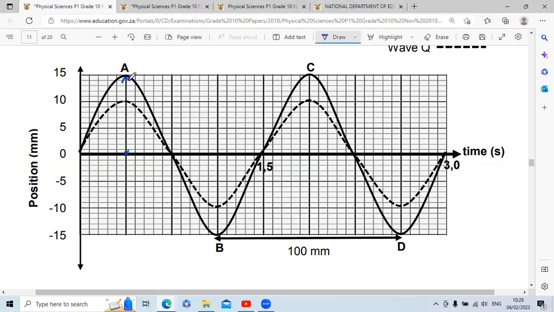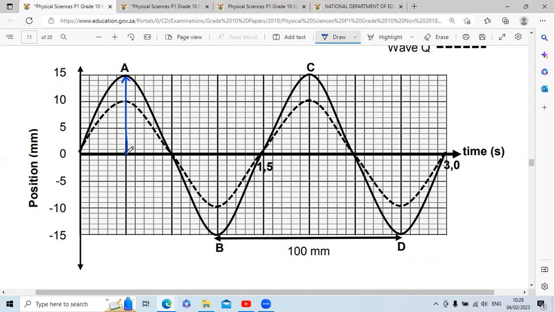What do we call this line? Or what do we call this distance? Just from here to here. The wavelength. It's gonna be our amplitude.